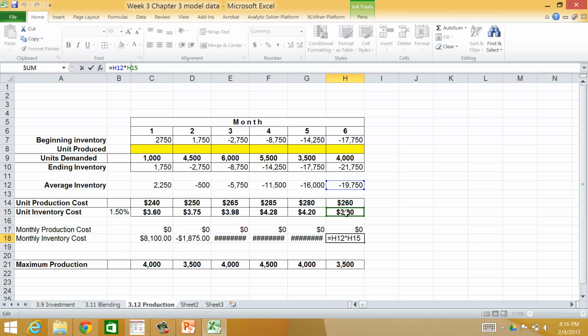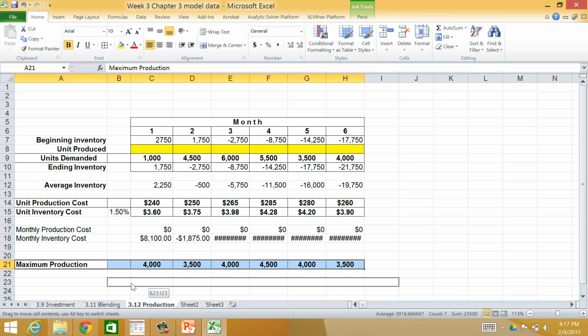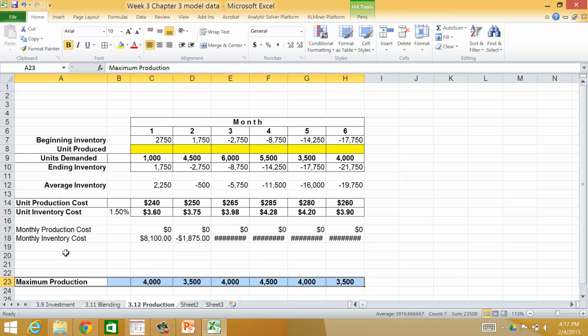Those numbers are too long to show, but it's okay. That's because we don't have any value here. Then I'm going to put the total cost here.